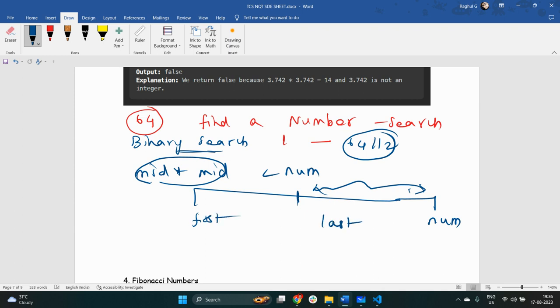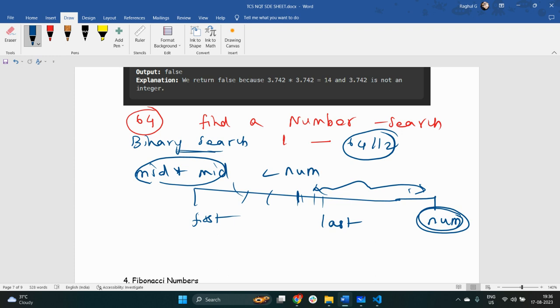Then what I'm supposed to do is increment first, because num is somewhere in between these things. So if it is less than num, the number we have multiplied is lesser.